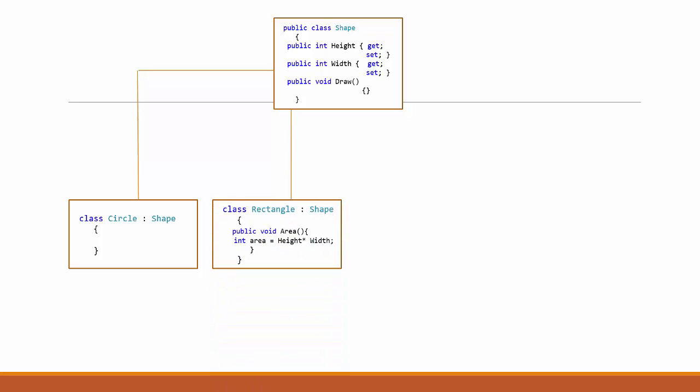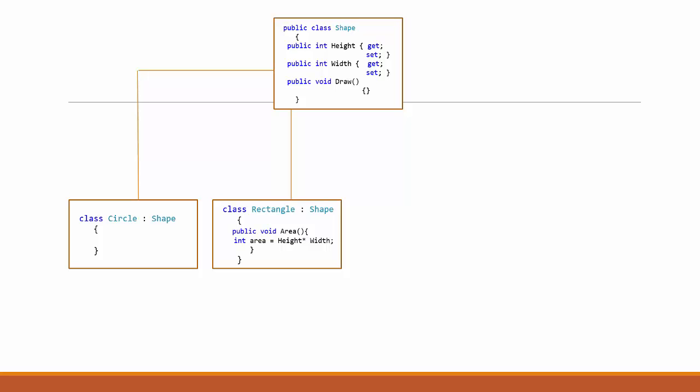Similarly, a rectangle class can be inherited from shape. In the rectangle class we can use the height and width properties of shape. We don't need to provide a declaration for height and width separately in the rectangle class, because it can access the height and width properties of the shape class. As an example, I have created a separate method in the rectangle class that calculates the area.